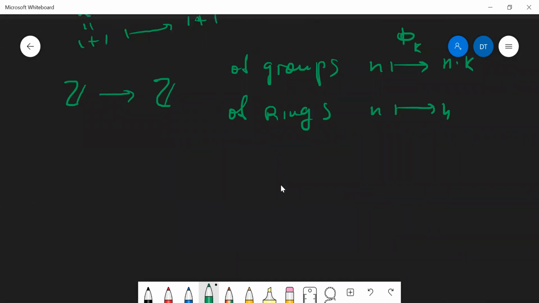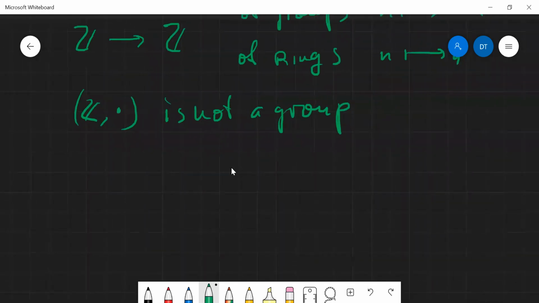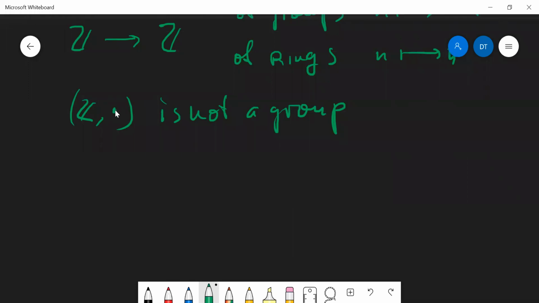It won't work because with respect to multiplication, Z is not an abelian group. It's not a group. So it's impossible. And actually, it's impossible in general because the zero element is never invertible with respect to multiplication. The only case when it's invertible is when your ring consists of one element only.